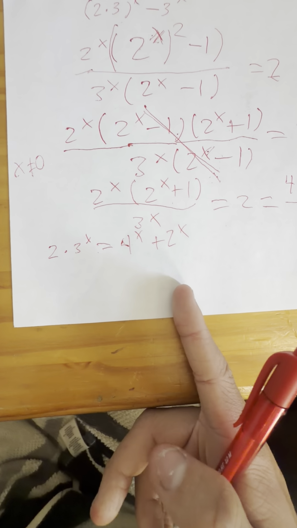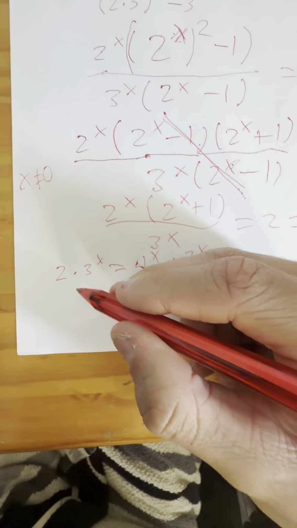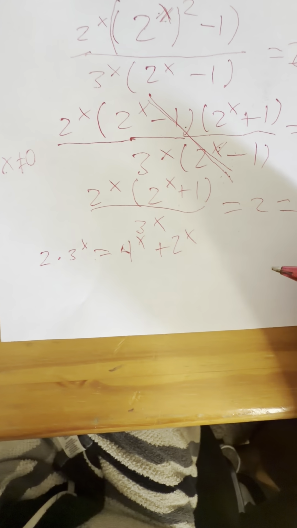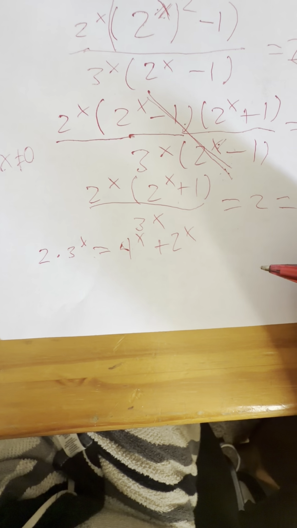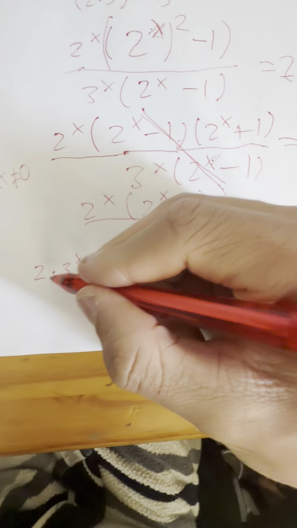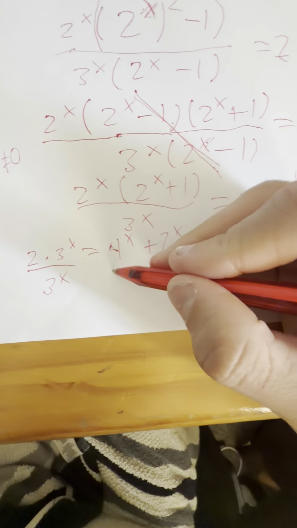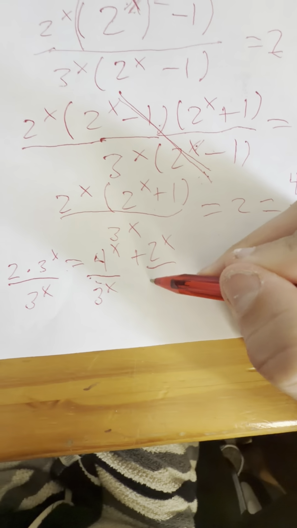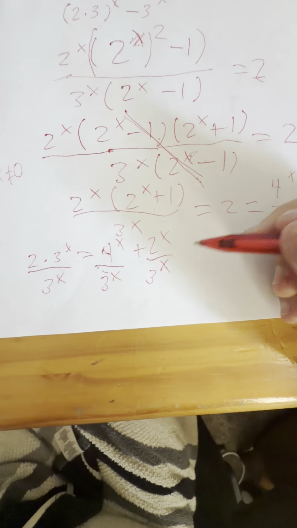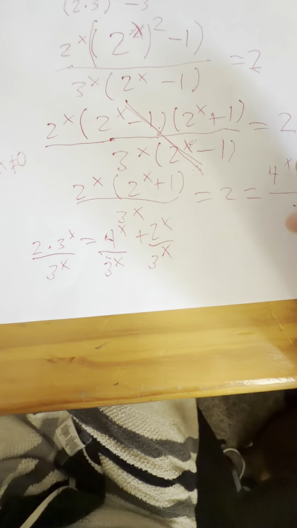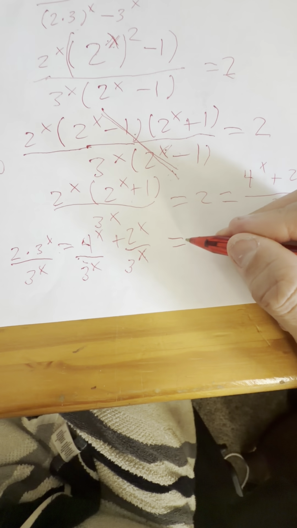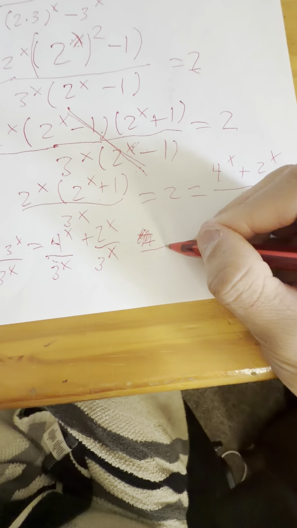This is still equivalent since we're dividing by the same thing on both sides. I'll just do an arrow.